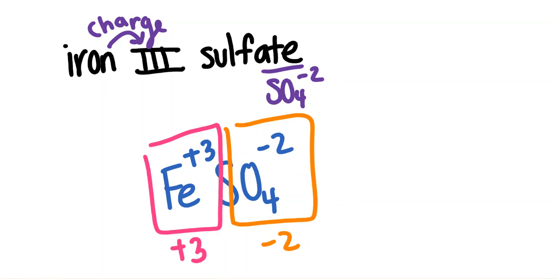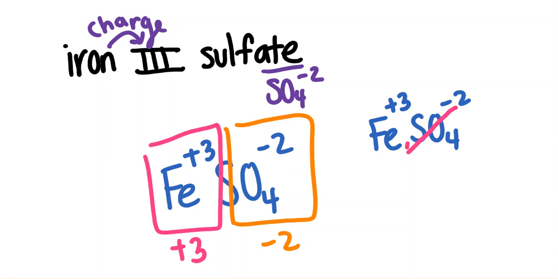So this is where it might be good to use a different trick that I use sometimes. And that is crossing the numbers down. So crossing them down means taking this charge, really just taking the number and putting it there, and this one out here.